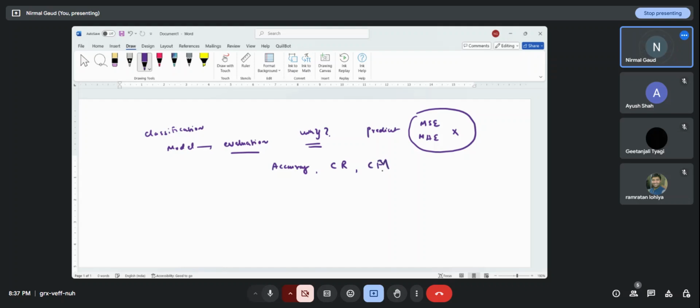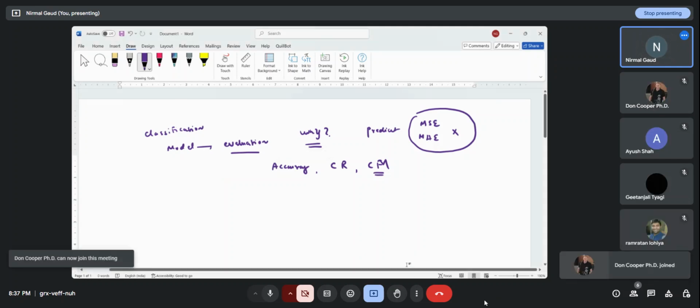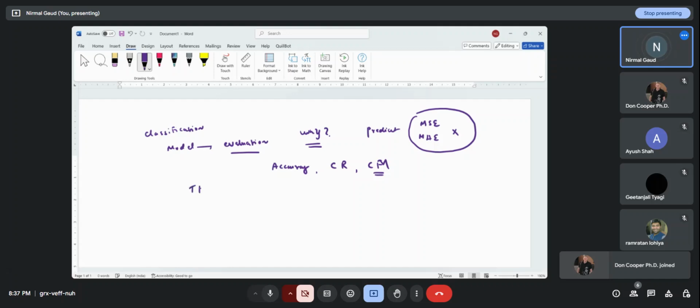Fine. So the confusion matrix we studied for binary, for multi-class also in the previous class, and there I explained the terms like true positive, true negative, false positive, false negative.